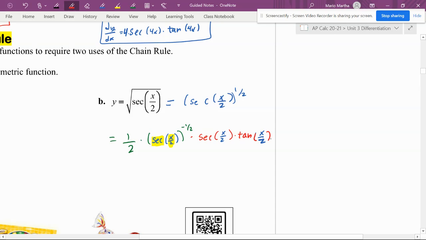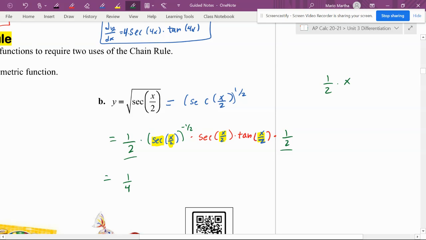And then times, finally, the last layer, which is the derivative of x over 2. Remember that x over 2 is just 1/2 times x. The derivative of x is just 1. Then times a half is just another half.